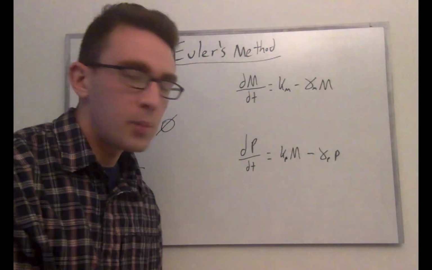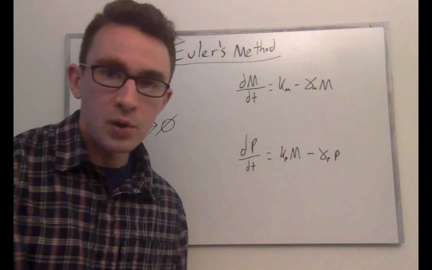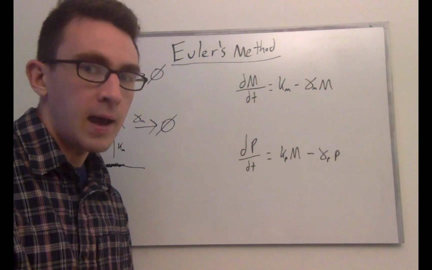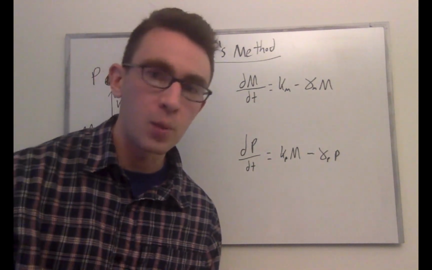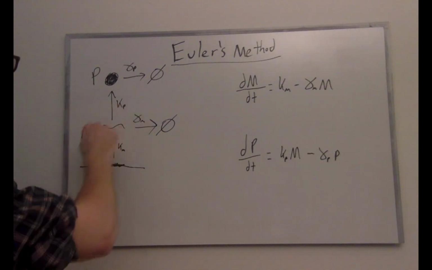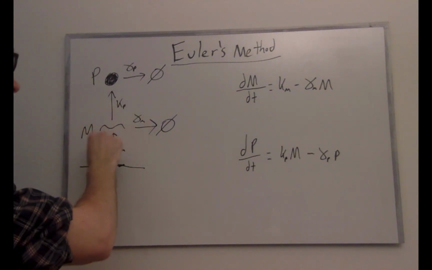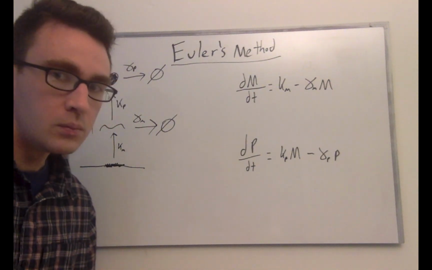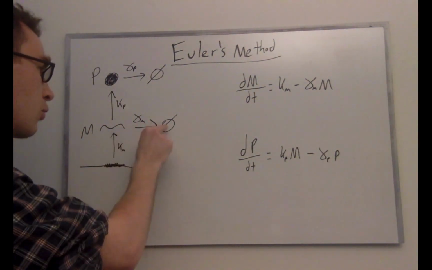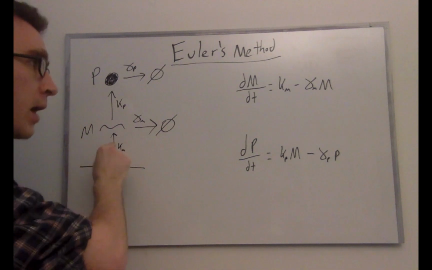The reason it's multiplying the M here is because the breaking down of the mRNA depends on there being RNA to break down. You know what I mean? Basically, if we have 0 M, then there can't be any breaking down of M happening. So that's why the decay rate here is multiplying M.